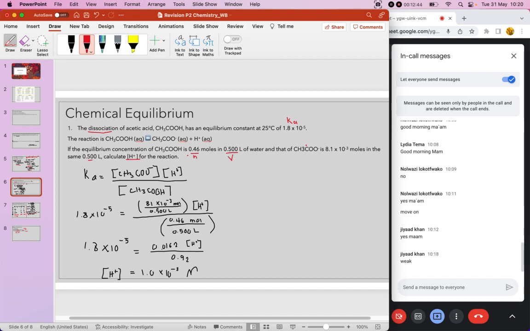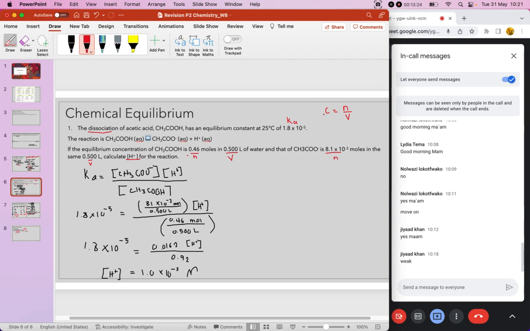The same for CH3COO minus: we're given the number of moles to be 8.1 times 10 to the power negative 3, and the volume is the same as that of acetic acid. So we can calculate the concentration of acetic acid and of CH3COO minus, and the concentration will be given by C equals the number of moles divided by the volume.